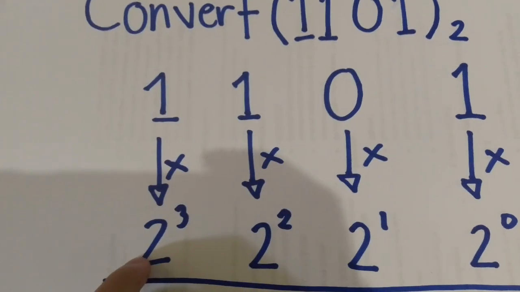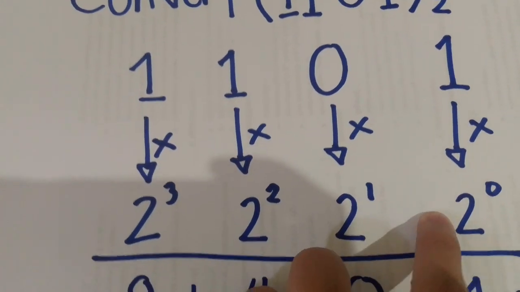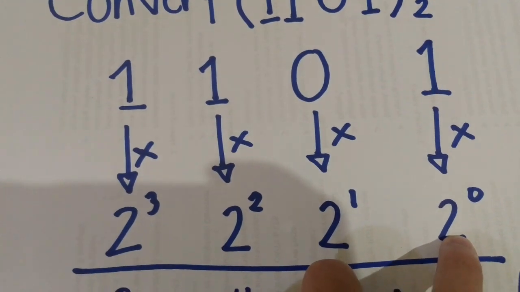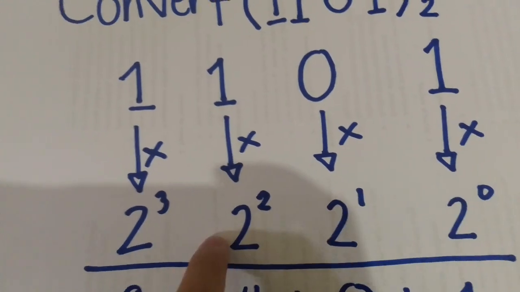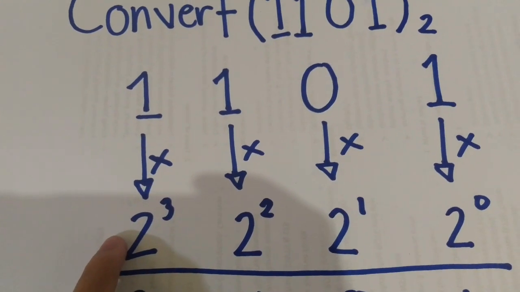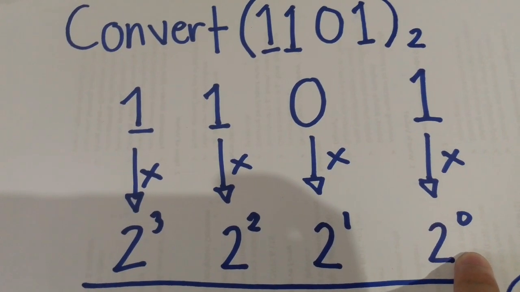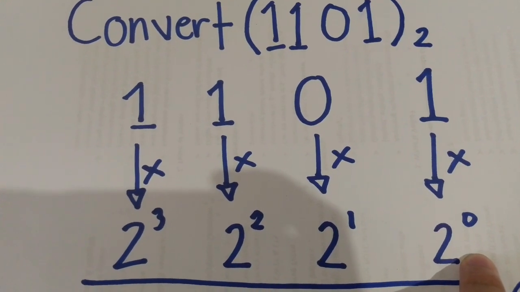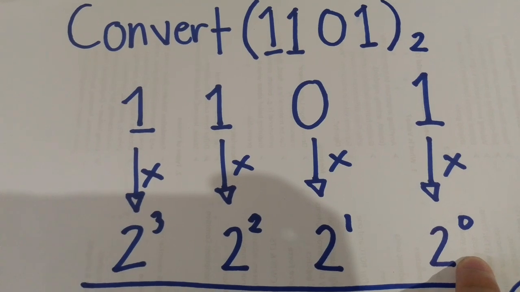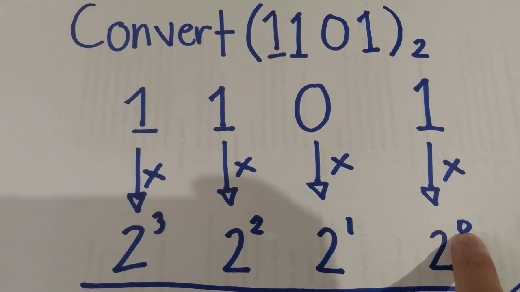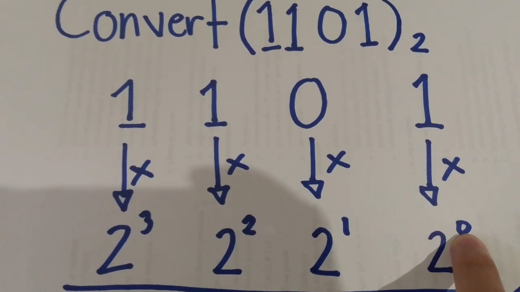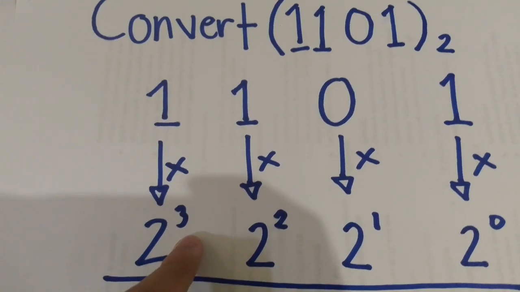So, try to put 2 on each number. You may ask, what is this 0, 1, 2, and 3? Well, as you can see, you may start here. By using this, we use it as the power of the number, starting from 0, 1, 2, and 3.